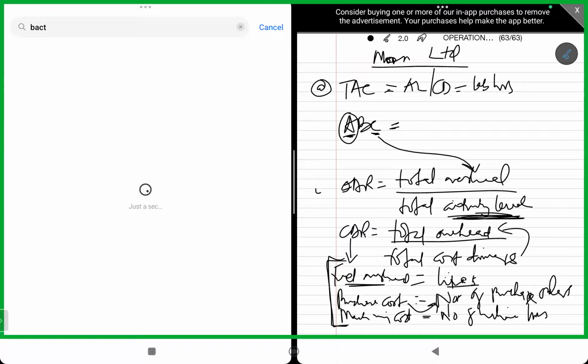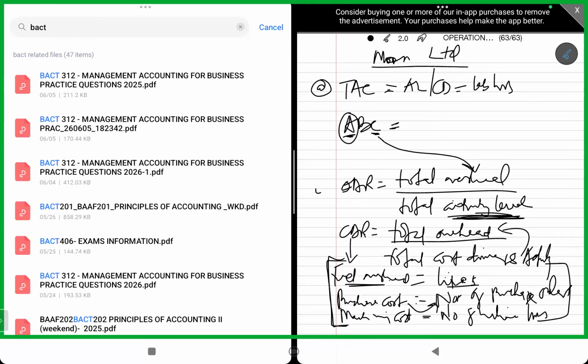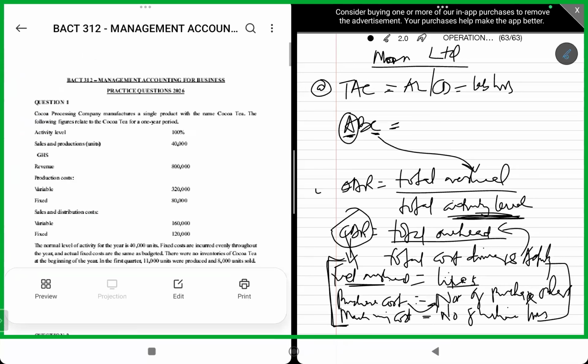These unique cost drivers are the respective activity levels. So when you say activity-based costing, the cost refers to fuel overhead or fuel cost, purchase cost, and machine cost, and their cost drivers are liters, number of purchase orders, and number of machine hours, respectively.